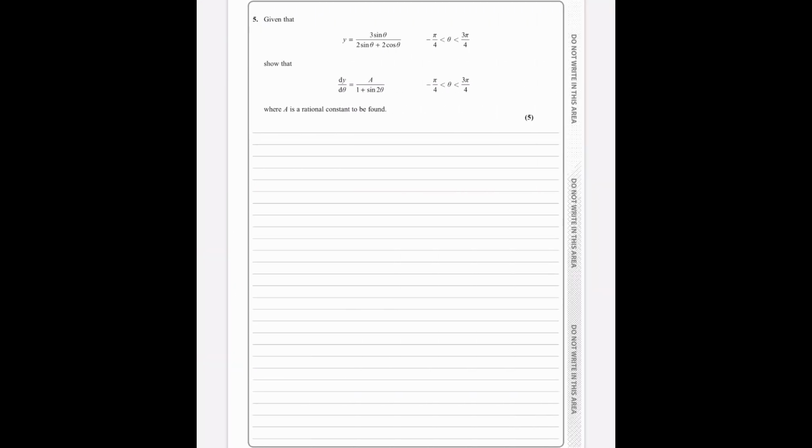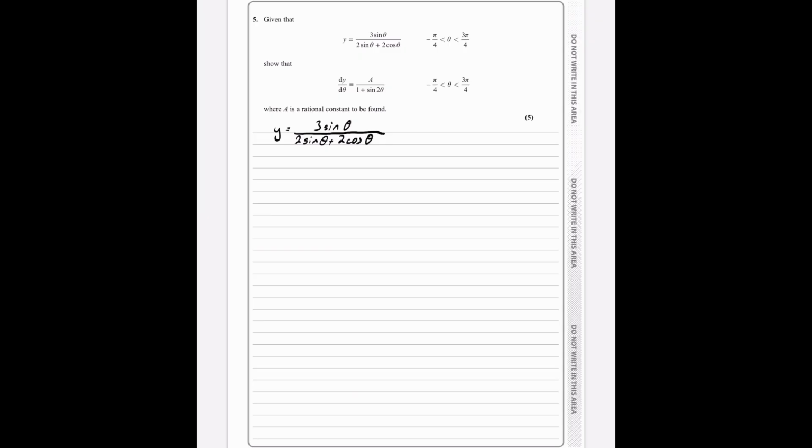Okay, question number 5. We're given a trigonometric fraction, and we need to differentiate it. Differentiating a fraction composed of two different functions is giving us a big hint towards using the quotient rule for differentiating.